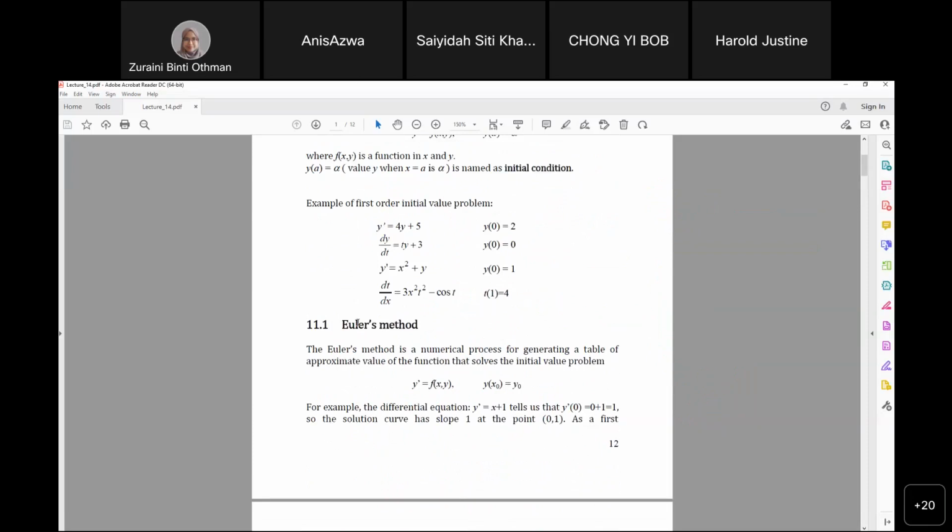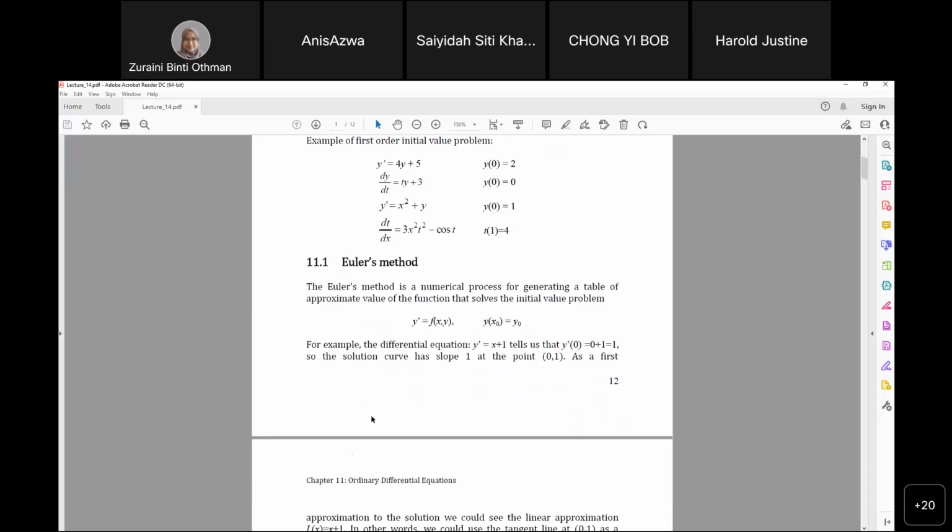Like I said previously, we learn about methods to solve it numerically. So for today, we learn three methods: first is Euler method, second is Heun's method, and third is Runge-Kutta. For Runge-Kutta, there is second order and fourth order Runge-Kutta method.